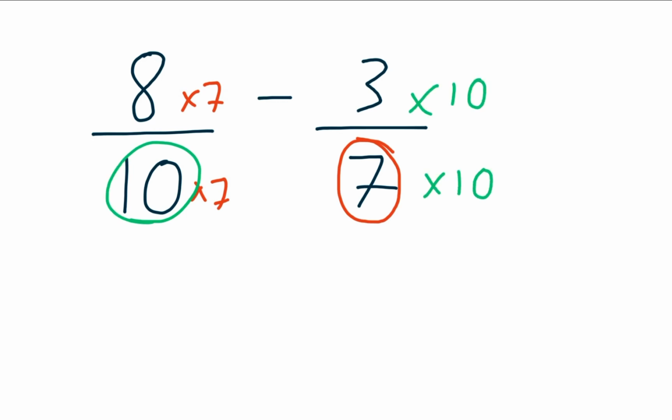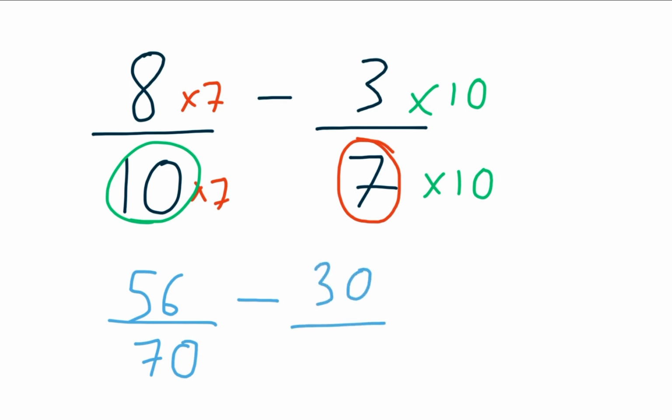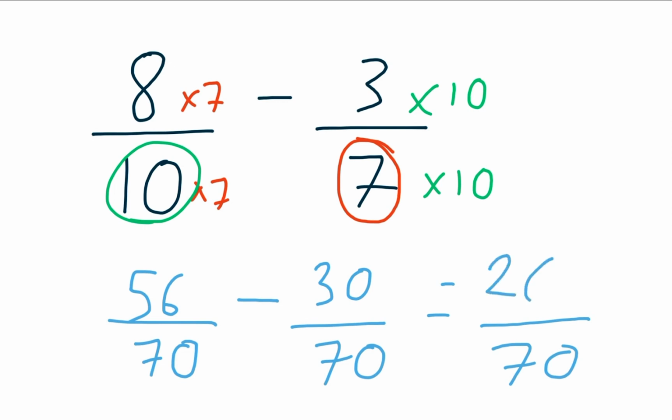So we get two new equivalent fractions. The first one is 8 times 7, which is 56, over 10 times 7, which is 70. Take away 3 times 10, which is equal to 30, and 7 times 10, which is 70. And if we take them away, the denominators are the same, so we keep it as 70, and 56 take away 30 is equal to 26. So the answer is 26 over 70.